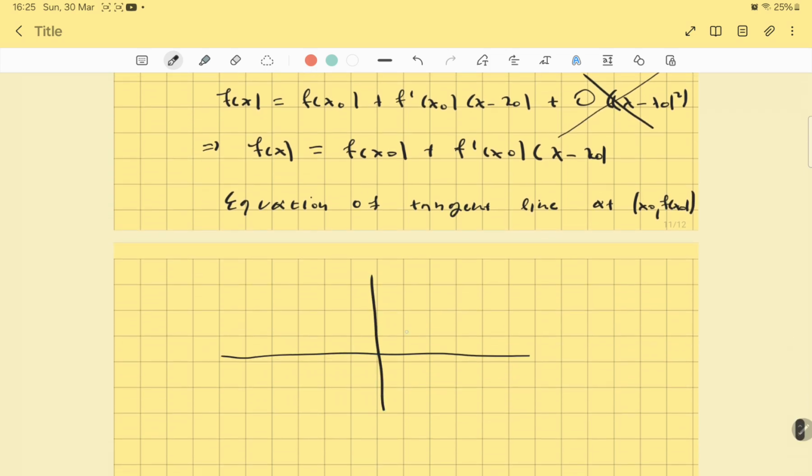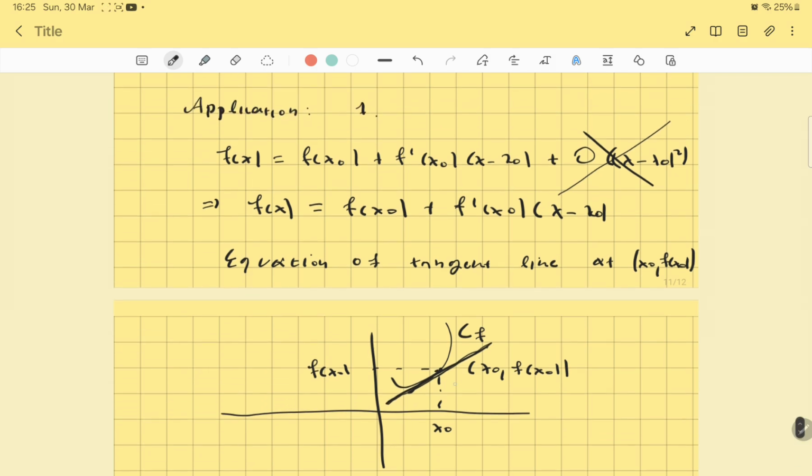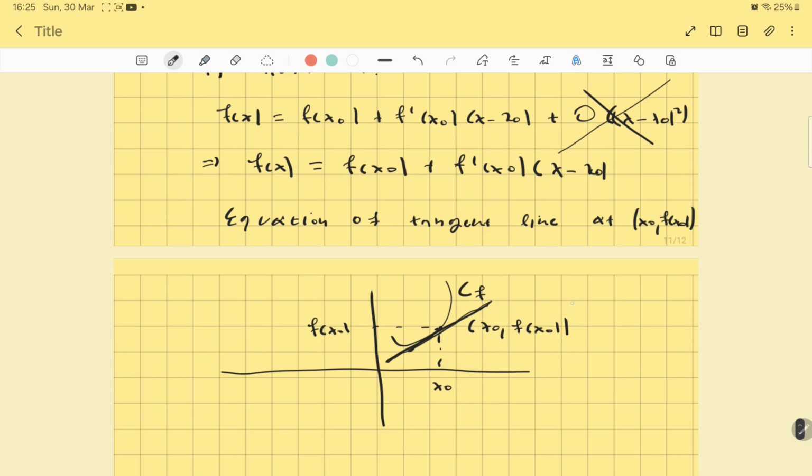So if I have my curve of the function, and let's call this point the one with coordinates x naught, f of x naught, I can draw the tangent line to this graph, and the slope of the line, lambda, is f prime of x naught.